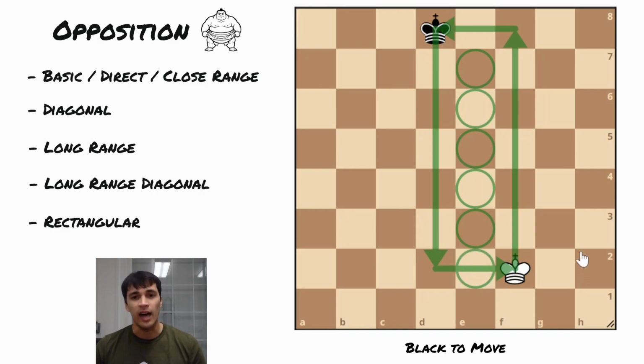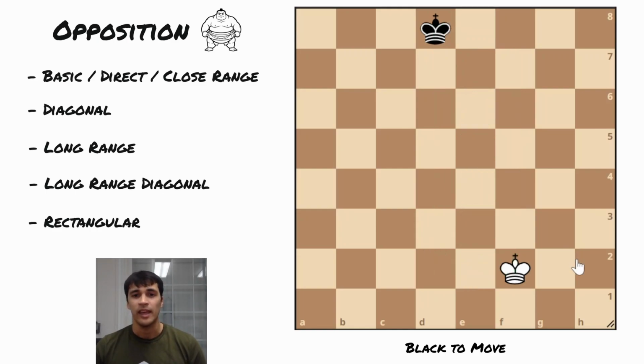So there must be an odd number of squares in both directions for this to be rectangular opposition. So here we have black to move, therefore white has the opposition. And if we walk the kings in closer, we'll see that this is again the same as our direct opposition. So here we have black to move, therefore white has the opposition.